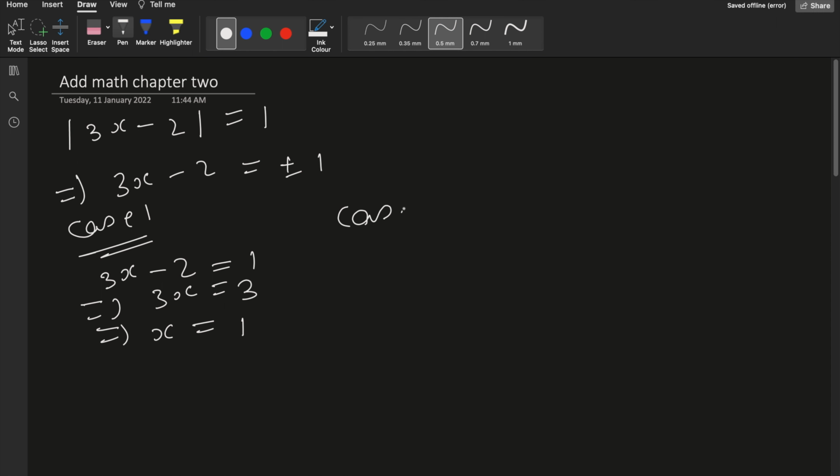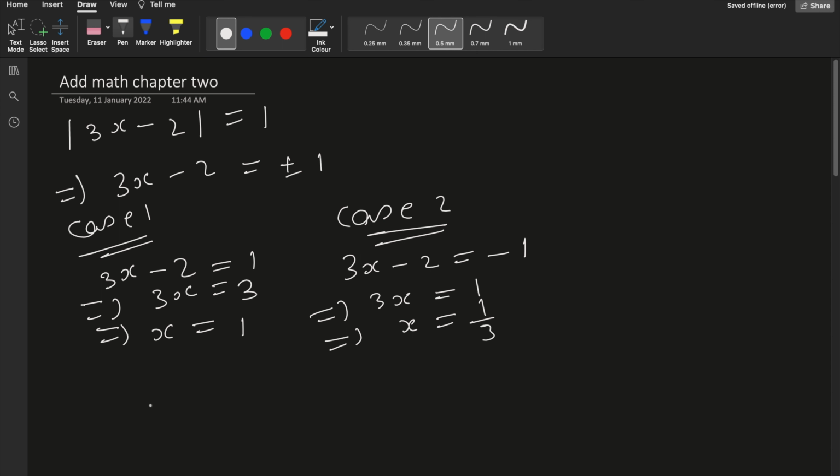And then case 2 would be 3x minus 2 equals minus 1, which implies 3x equals 1, which implies x equals 1 by 3. Therefore, x equals 1 or x equals 1 divided by 3.